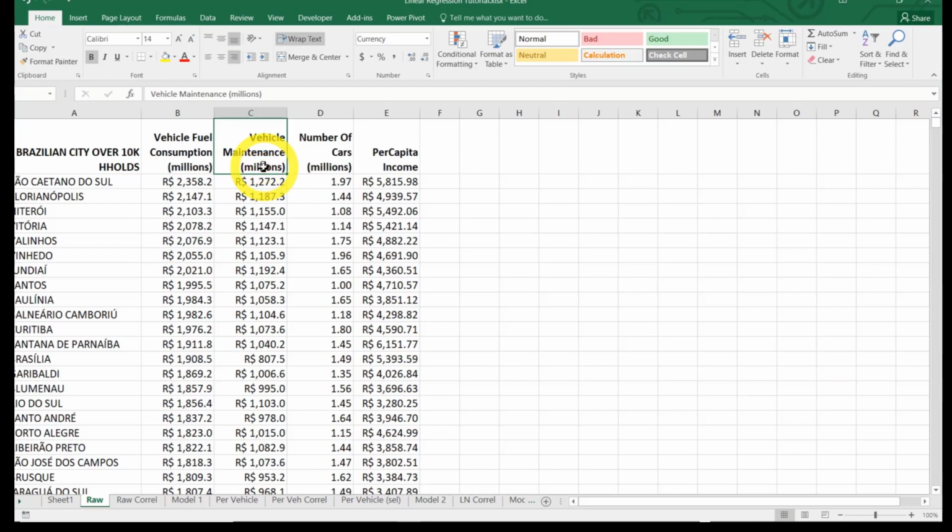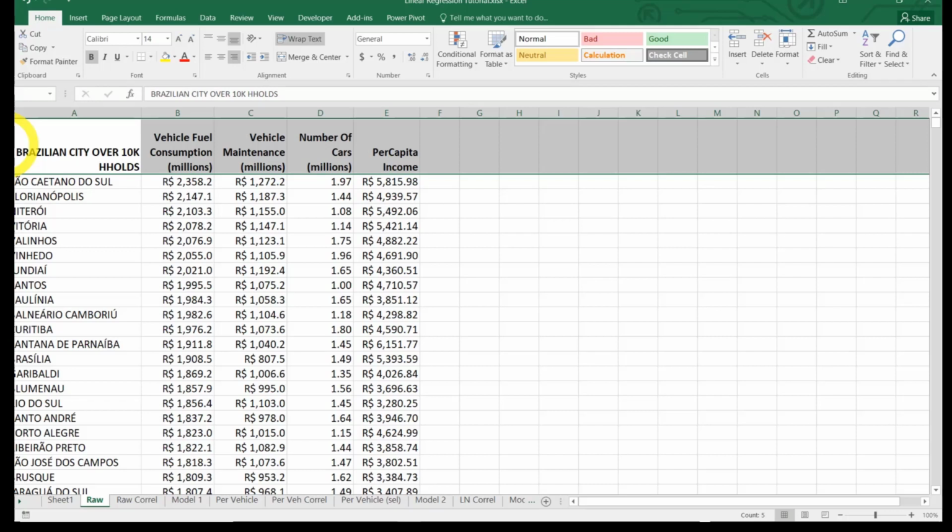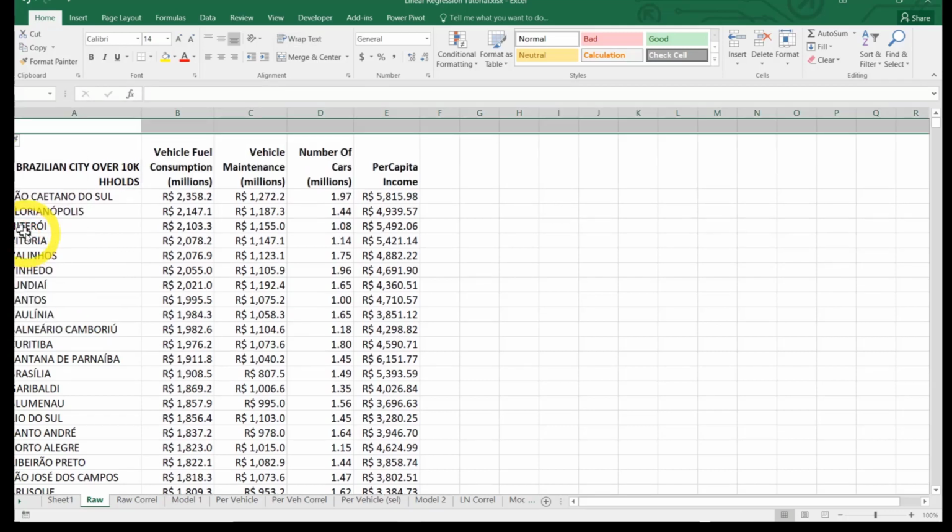A certain weight to vehicle maintenance, a certain weight to number of cars, a certain weight for per capita income, mix those three variables through those weights to calculate a score, and that score would be our estimate for fuel consumption in each city. So let's pretend that we know what the weights are and build that score.